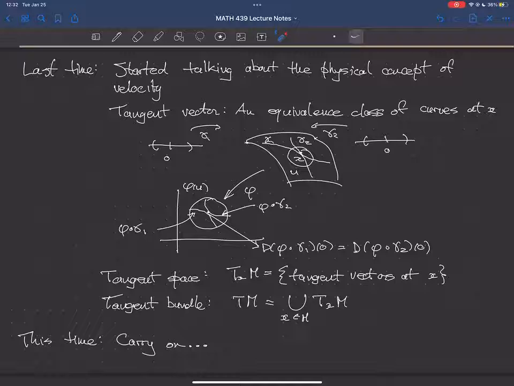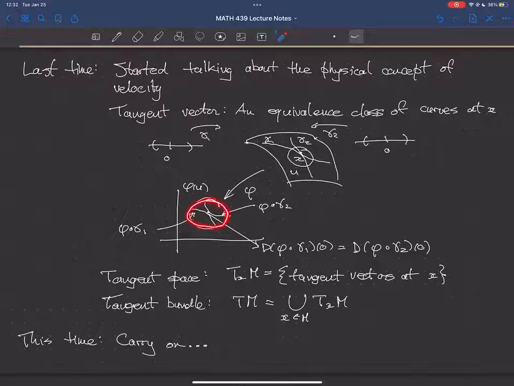This induced us to introduce the notion of a tangent vector. I'm not going to go through the entire construction again, but the idea is that if you have two curves, gamma 1 and gamma 2, and they both pass through the same point x, here's gamma 1 like so, and here's gamma 2 like so, then we say these are equivalent if we represent the curves in a chart.